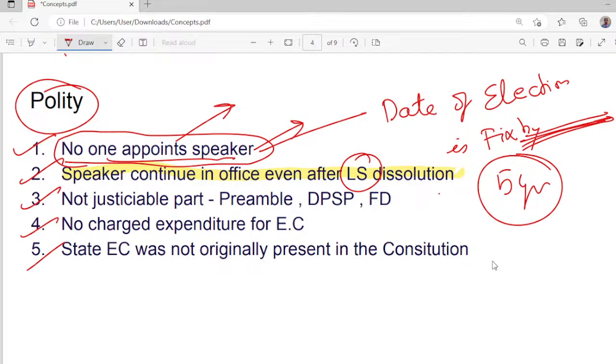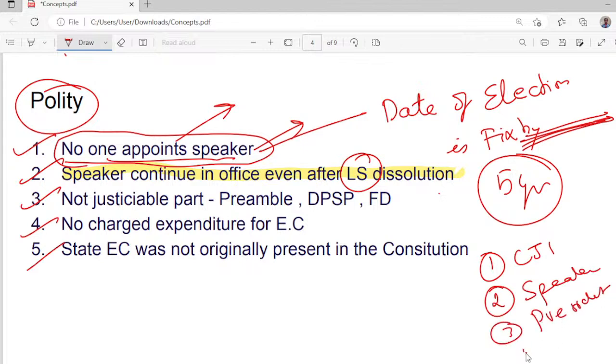Options are: 1, Chief Justice of India; 2, Speaker; 3, President; 4, Prime Minister. Who will dissolve the Lok Sabha?